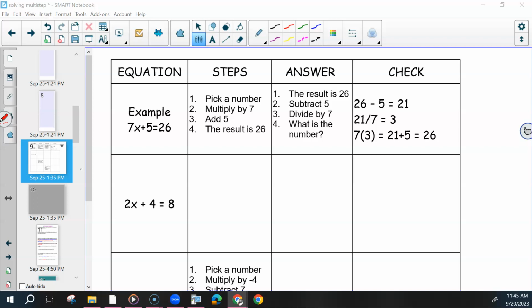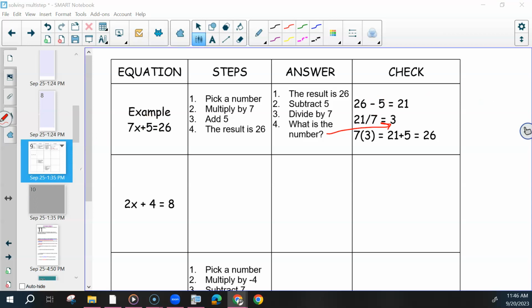The checkbox is doing the answer part of it. So we start at 26, we subtract 5, get that answer, divide it by 7, and then the number would be whatever we get. The last part of the check is putting that number back into the original to see the total. So if that works for you, if you want to use that, feel free to do that. If that didn't make any sense, ignore everything I just said.